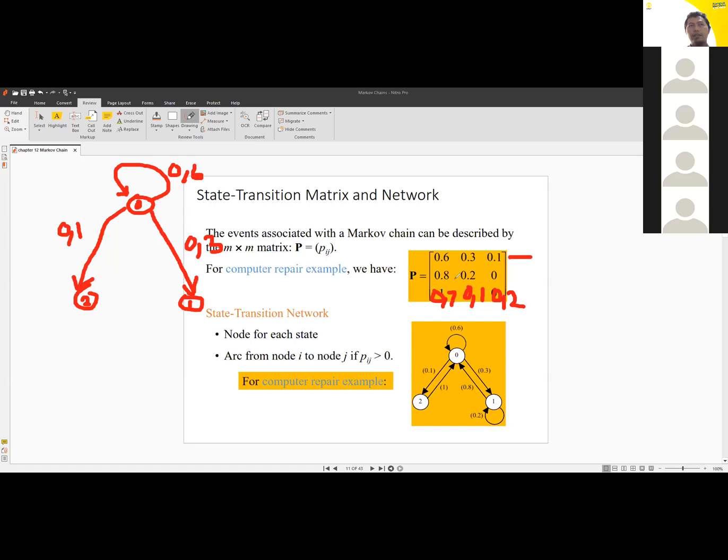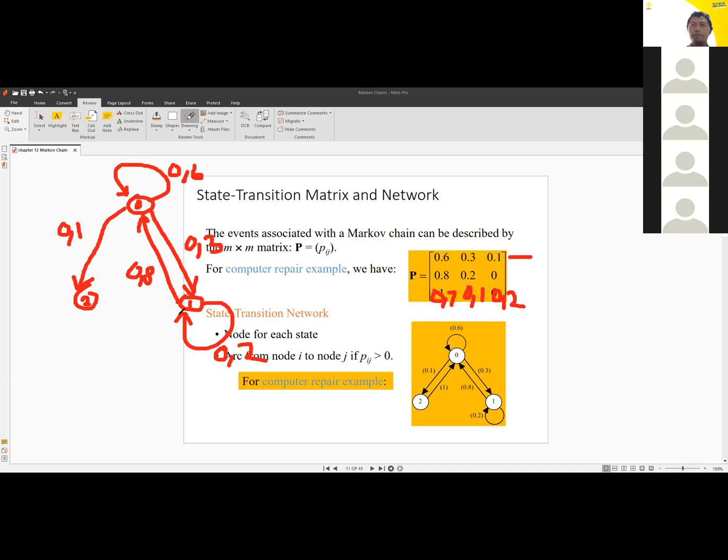For the second row, 1 to 0 is 0.8, and 1 to 1 is 0.2, and 1 to 2 is 0, meaning there is no network from 1 to 2.